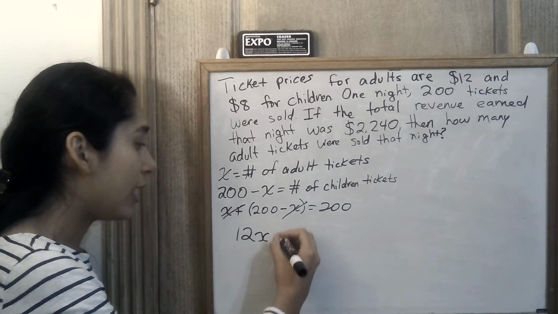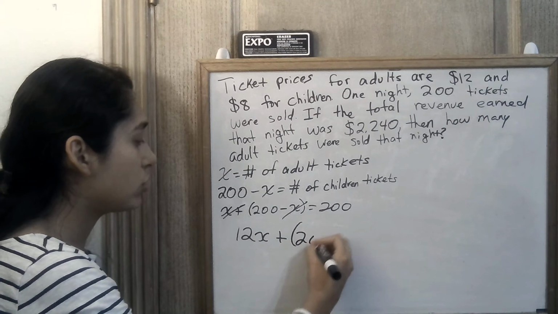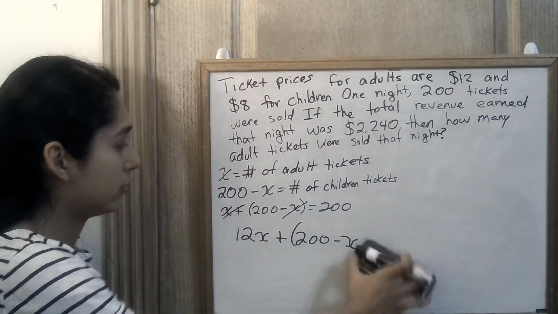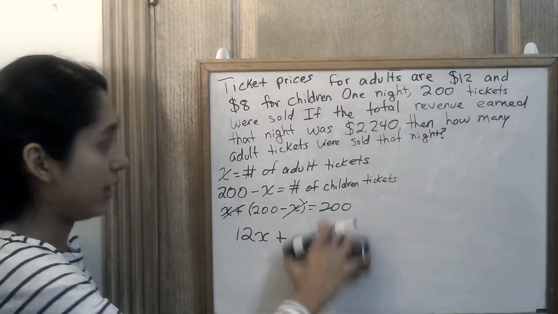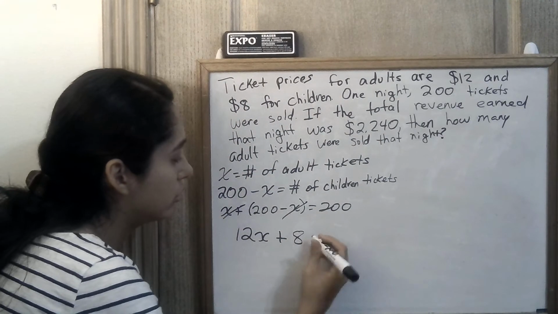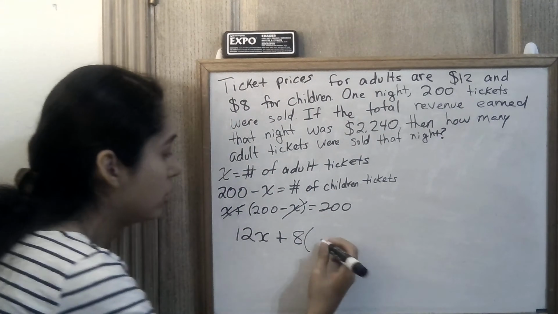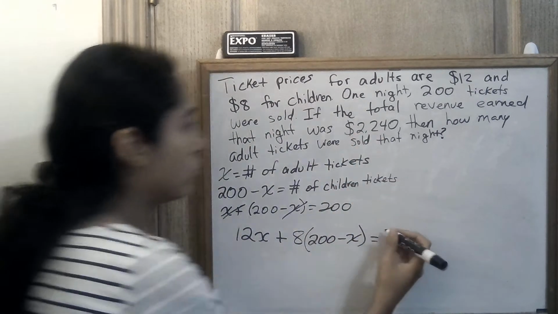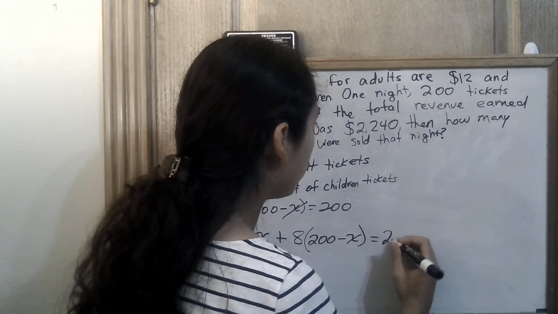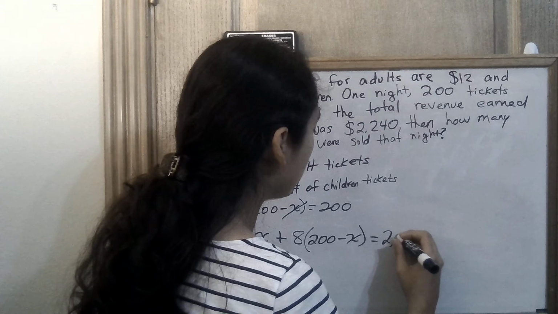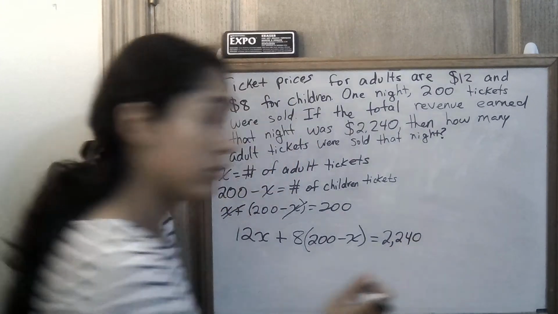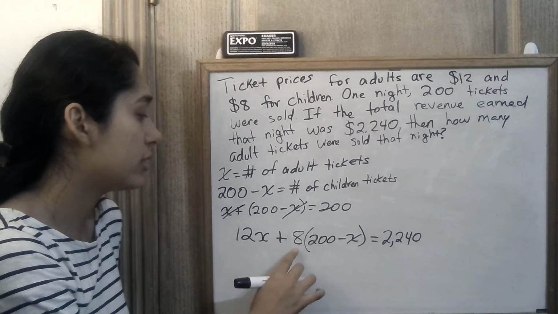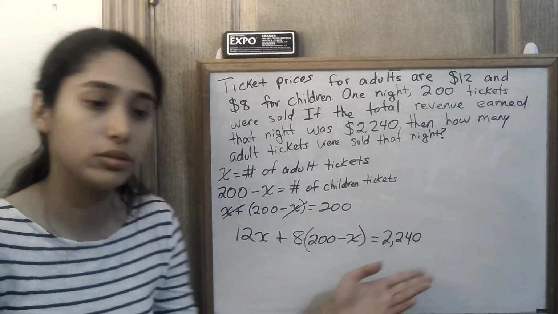And then if I add that to 8 times 200 minus x, that's $8 multiplied by the number of children's tickets, which is 200 minus x. All of that is going to be equal to $2,240. Right? If you get the price multiplied by the number, and then the price multiplied by the number, you get your total sales.